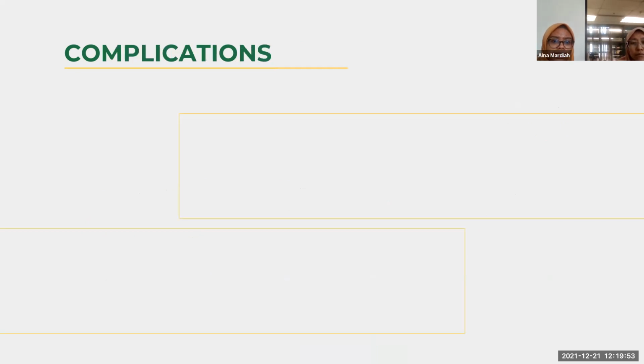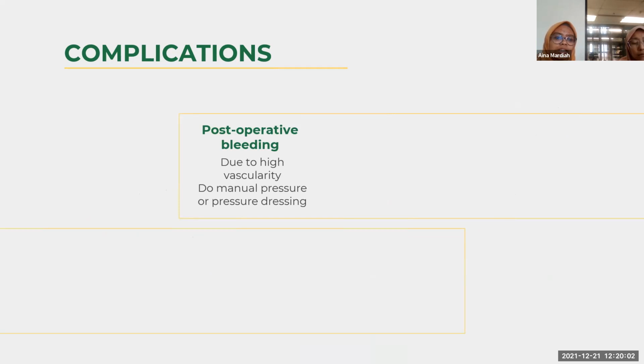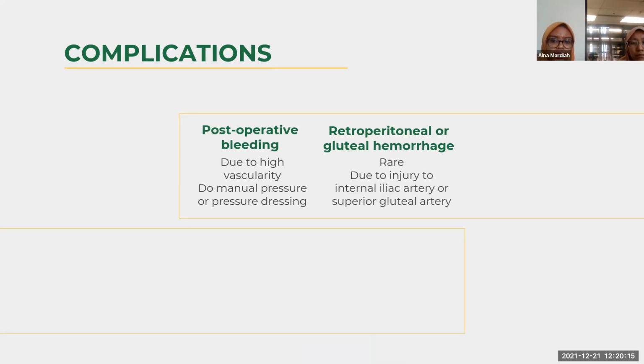For complications of bone marrow aspiration and trephine biopsy, firstly is post-operative bleeding due to high vascularity. To avoid this bleeding, we can apply manual pressure or a pressure dressing at the area. There is also a risk of retroperitoneal or gluteal hemorrhage, which is rare.